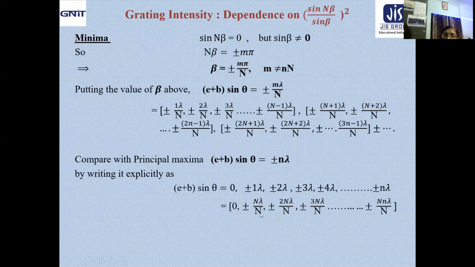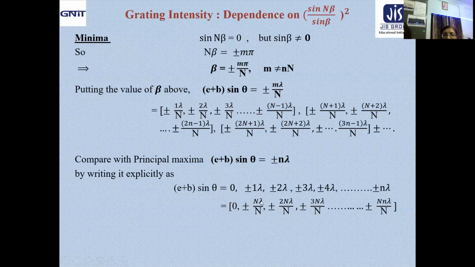So in between two consecutive maxima, that is central and the first order, you will accommodate the minima. How many? It is 0, then N. Look here. After 0, what will you get? 1 lambda by N, 2 lambda by N, 3 lambda by N, up to which you will go, N minus 1 lambda by N. So there will be N minus 1 number of minima accommodated between central maxima and first order maxima.